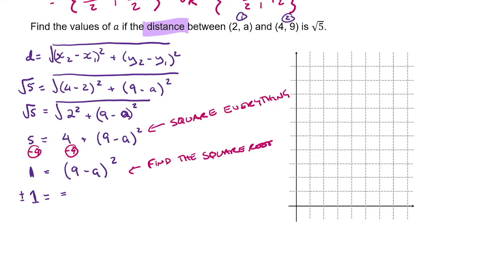If I square root 9 minus a, the whole thing's all squared, I'm actually going to get 9 minus a. Okay, so then I have two options. I have 9 minus a equals 1, or I have 9 minus a equals minus 1.